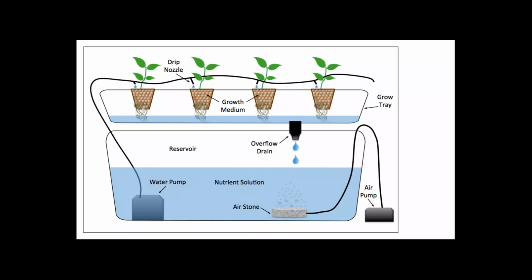It goes through some plants, collects as it goes through this growth medium, and drains back into the nutrient plant, which is pumped around again.